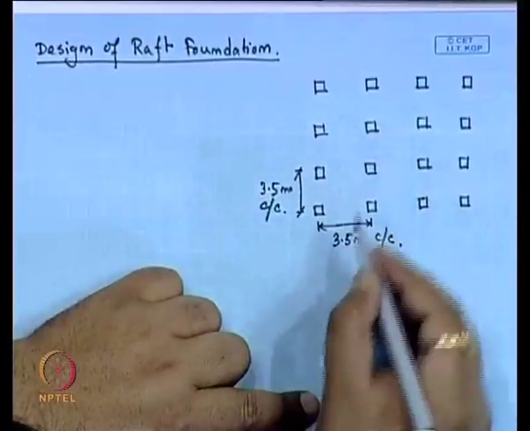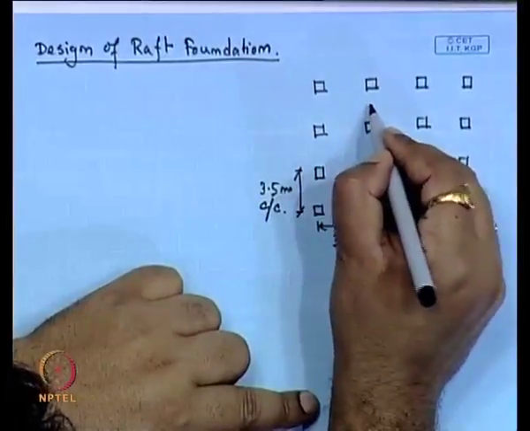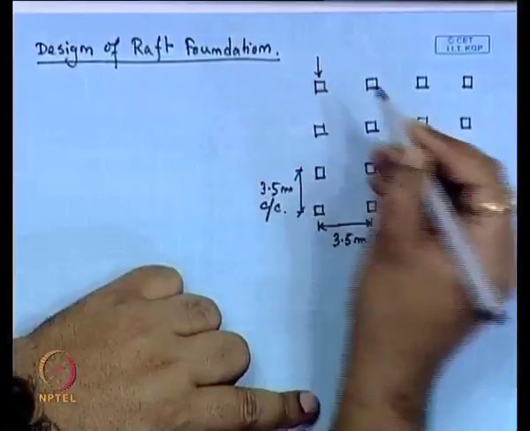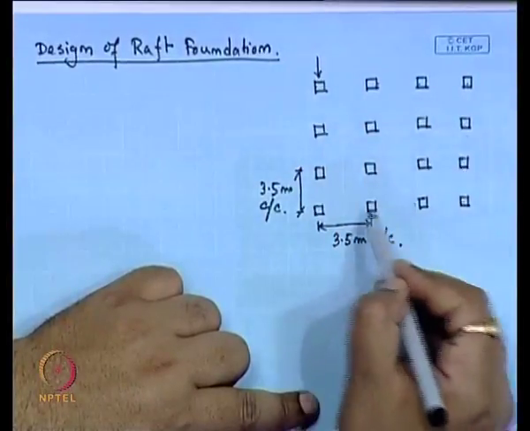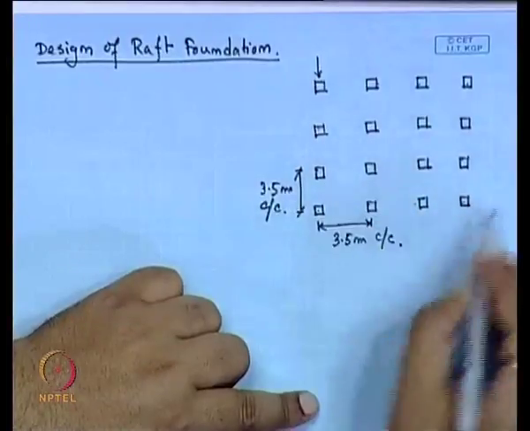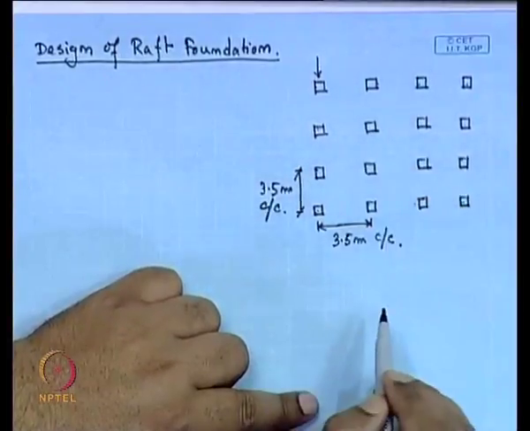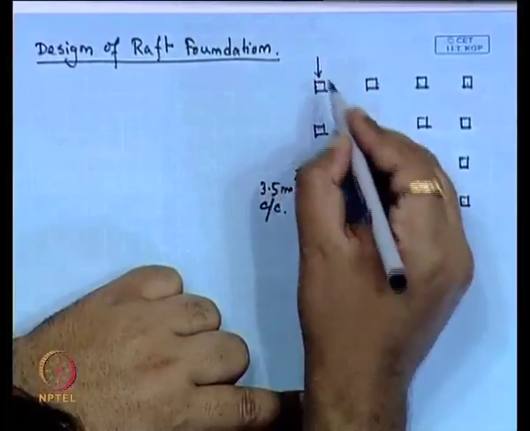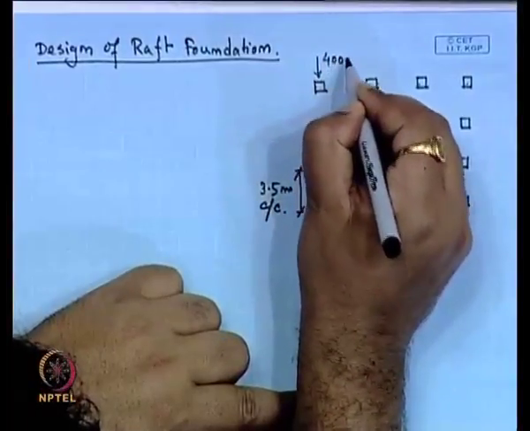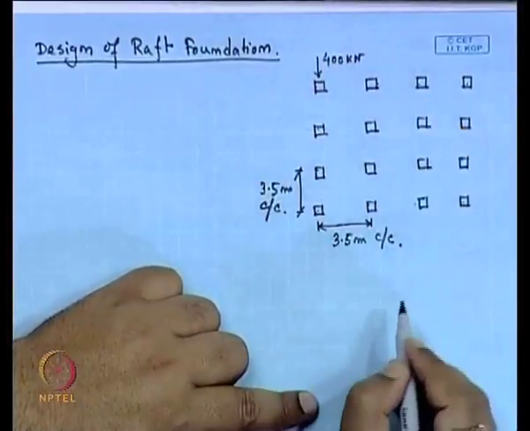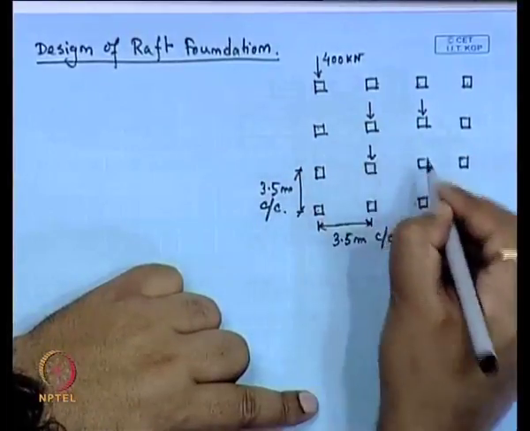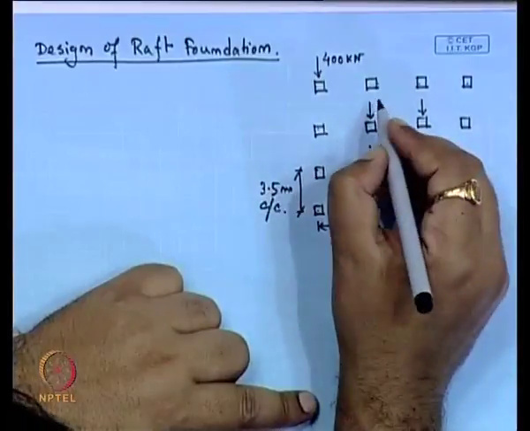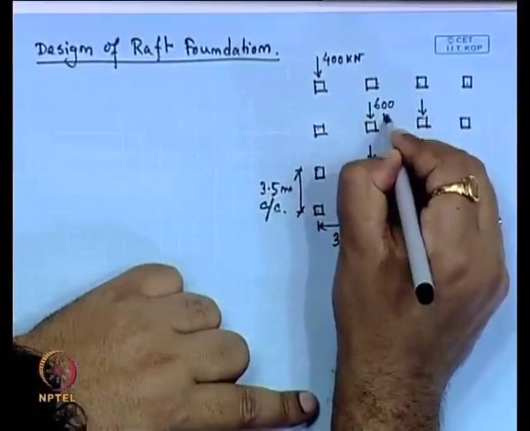So, for the load that is acting, there are 1, 2, 3, 4, 5, 6, 7, 8, 9, 10, 11, 12 outside columns and 4 inside columns. The load acting on each outside column is 400 kilonewton, and for each inside column the load acting is 600 kilonewton.